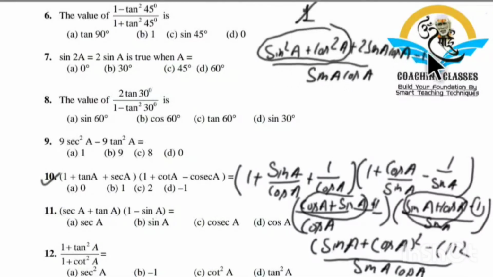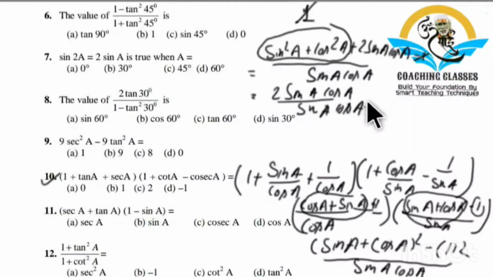This one and this one get cancelled. You get 2 sin A cos A divided by sin A cos A. Sin A cos A get cancelled. You get answer 2. That is option C is correct.